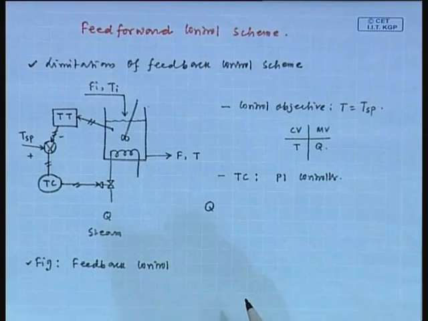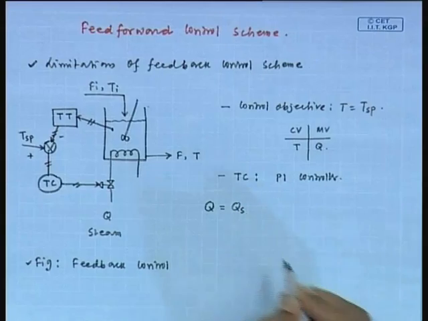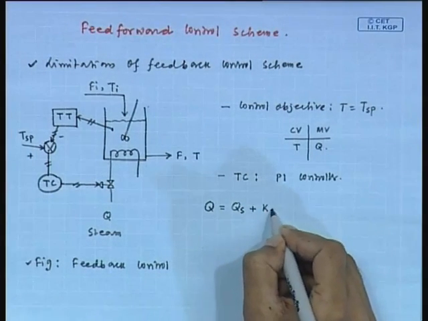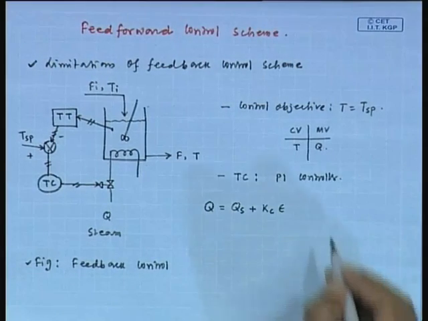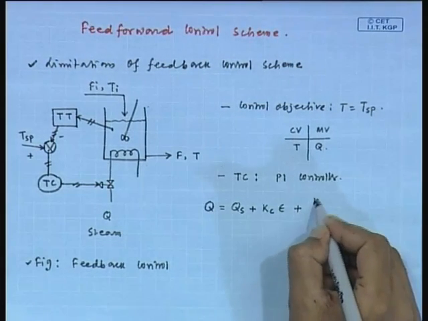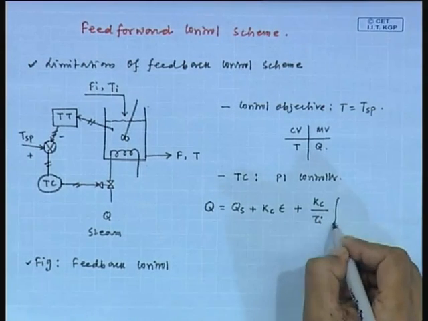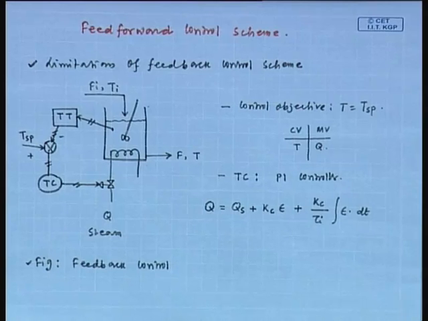Manipulated variable is Q. So, Q is equal to Qs plus Kc multiplied by error plus Kc divided by tau I integration of error dt. This is the temperature controller equation.